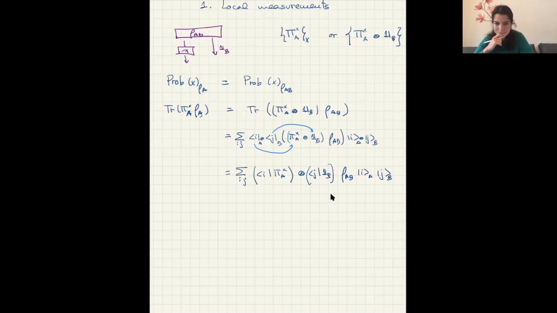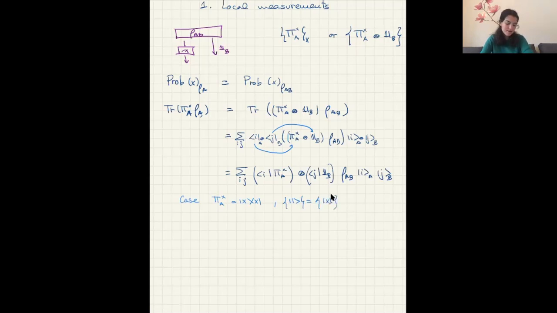Okay, how do we simplify this now? Let's simplify it for the case where this is just a single value projected into a single state, and we take the I basis to be this very basis.